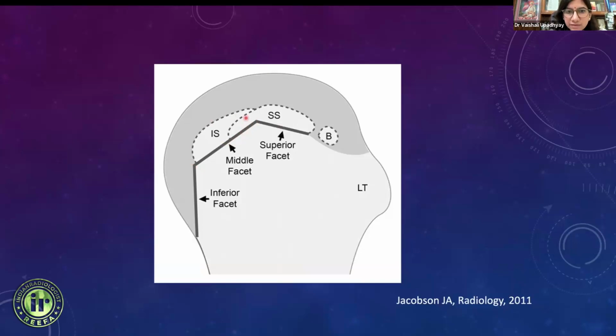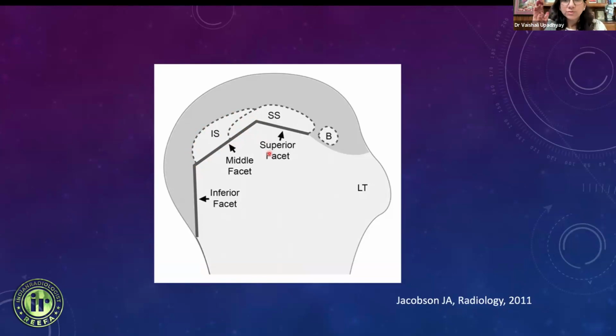And where the infraspinatus inserts on the middle facet, there is interdigitation of fibers of the supraspinatus and the infraspinatus, which people also call the conjoint tendon. There is interdigitation not just between supra and infraspinatus, but also some interdigitation of fibers between subscapularis and supraspinatus, and even the infraspinatus and the teres minor.